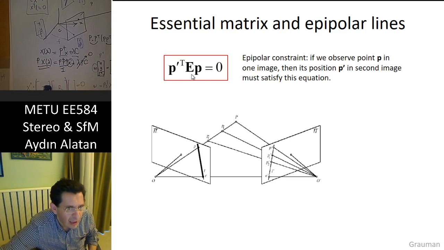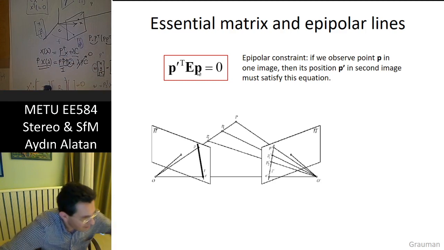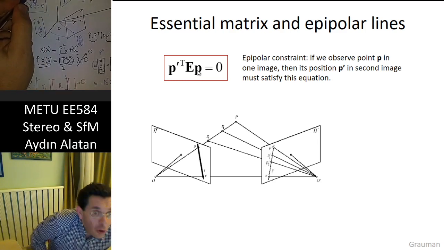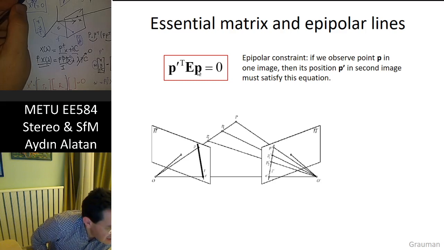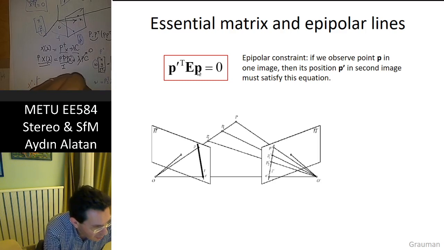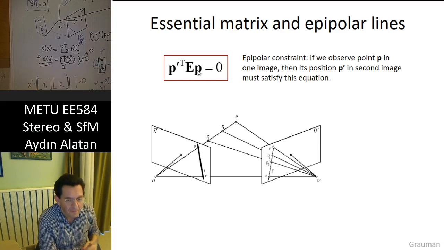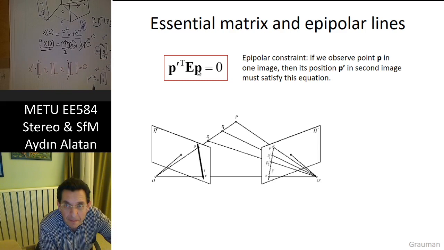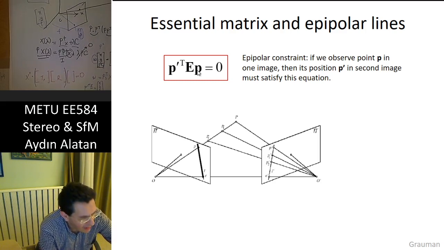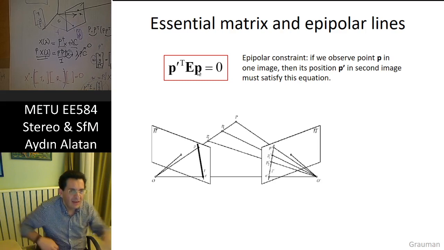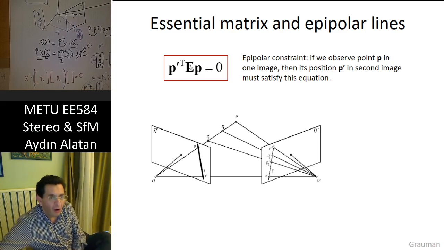Now, would you please look here? There is a p. This is your p here, and p transpose, p prime transpose E, is your L. Therefore, I'm talking about p prime transpose E being equal to something like ABC. This is your ABC, and this is the line equation, and that line equation is giving us the epipolar line on this plane.